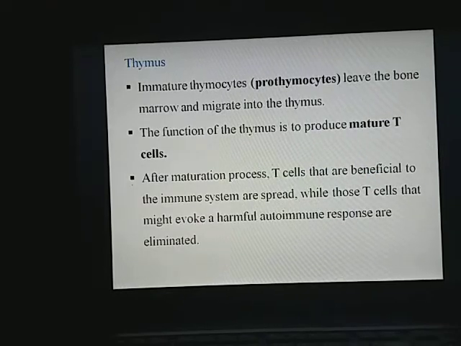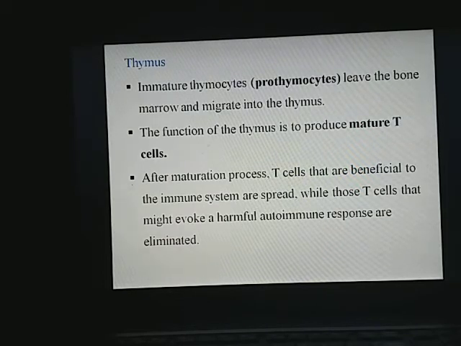Then the thymus. Immature thymocytes or prothymocytes leave the bone marrow and migrate into the thymus. The function of the thymus is to produce mature T lymphocytes, or T cells.